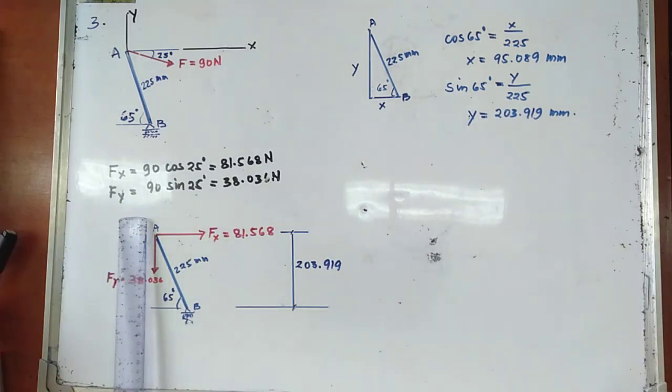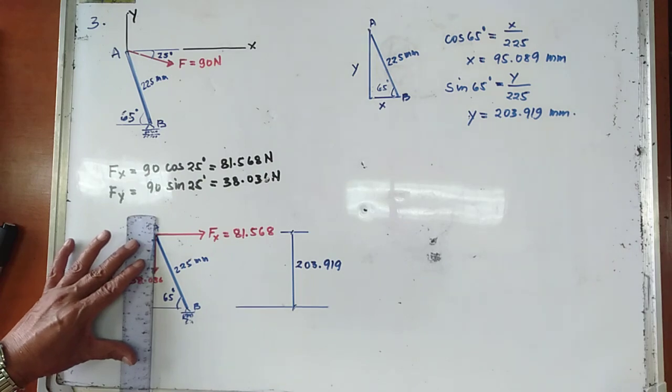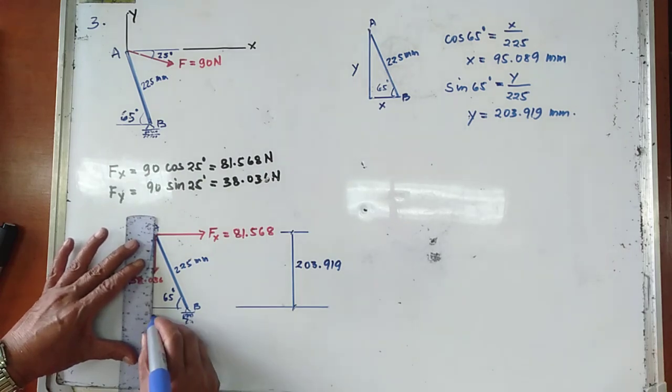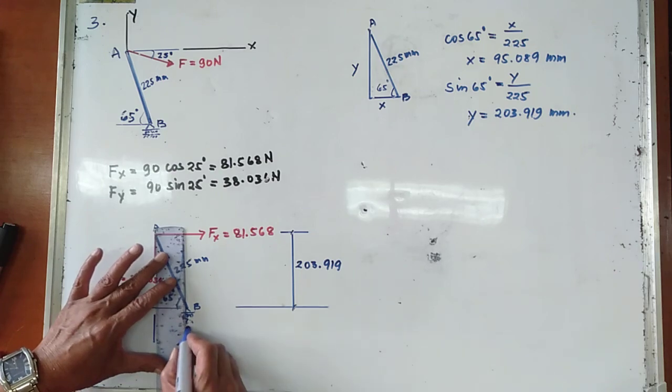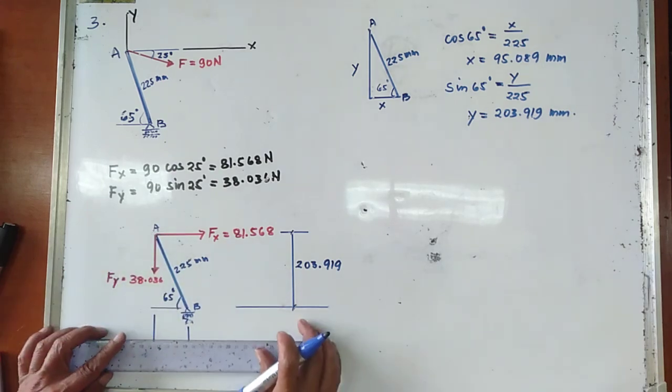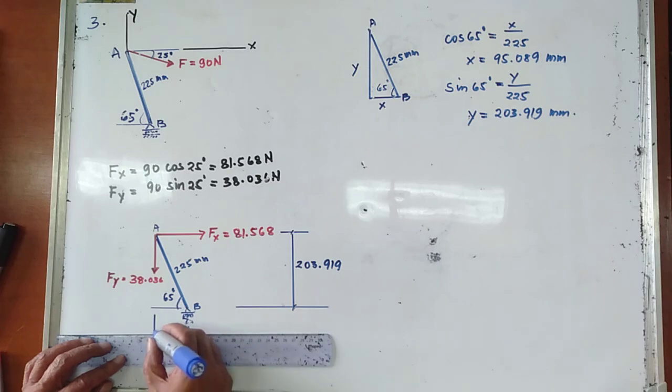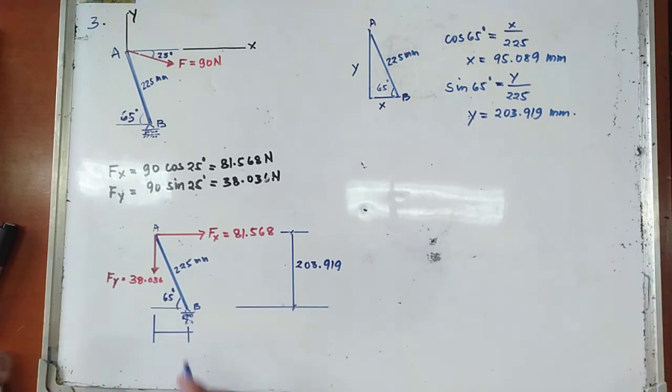And this is the distance x, and your x in here is equal to 95.089 mm.